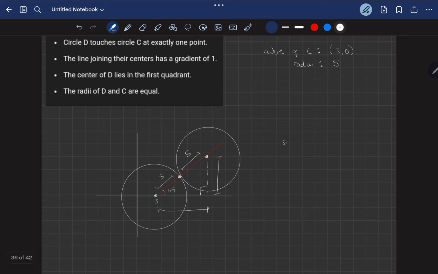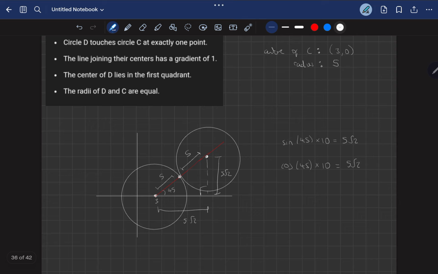Sine 45 times 10 will get us the height, and this is equal to 5 root 2. And let's find the change in the base, because cos 45 times 10 is also 5 root 2. So I know that this distance is 5 root 2, and this distance is also 5 root 2.